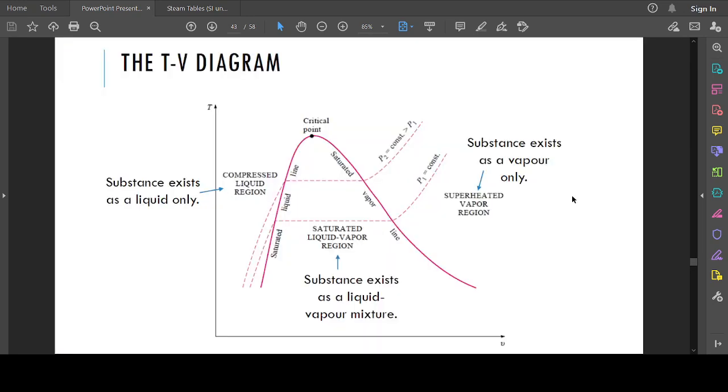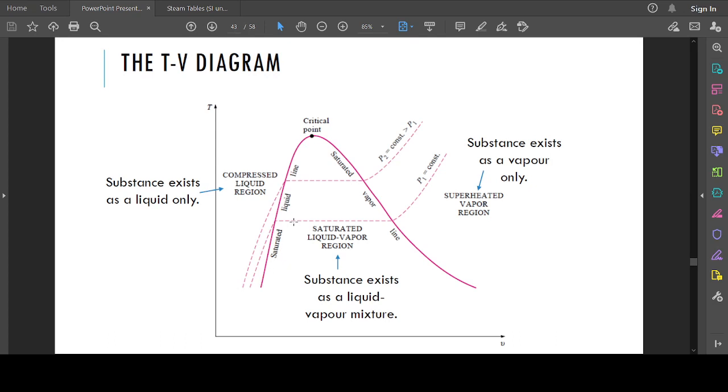This is a TV diagram that explains how steam is generated. On a TV diagram, on this side of the curve, we have compressed liquid. As the temperature of the compressed liquid is increased by means of heat supply, the liquid becomes saturated.